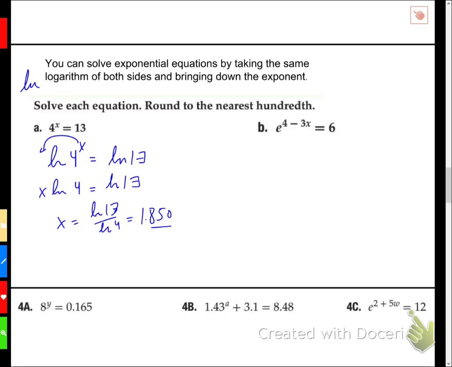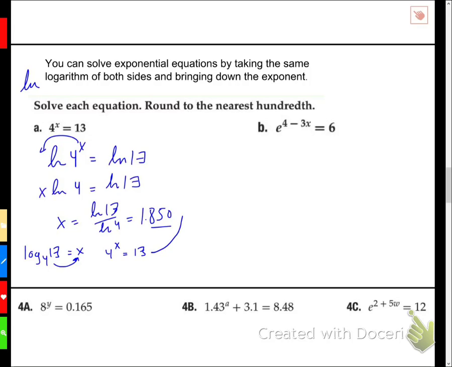Okay, now this thing right here, ln of 13 over ln of 4, that looks like the change of base formula. Well, what should that equal? That should equal log base 4 of 13. Let me see. I'll use x as my variable here. Log base 4 of 13 equals x. Change into power form. So I have 4 to the x equals 13.